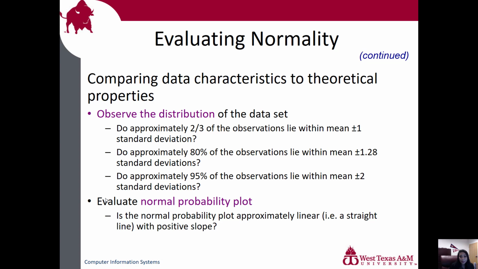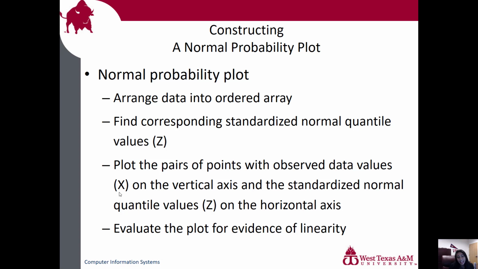But the normal probability plot should be pretty straight, approximately linear, with a positive slope. I'm not going to ask you to construct a normal probability plot, but here are the steps to construct one. You first want to arrange that data into an ordered array and find the corresponding standardized normal quantile values.